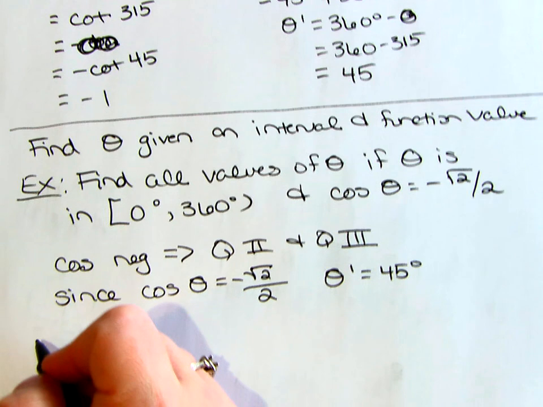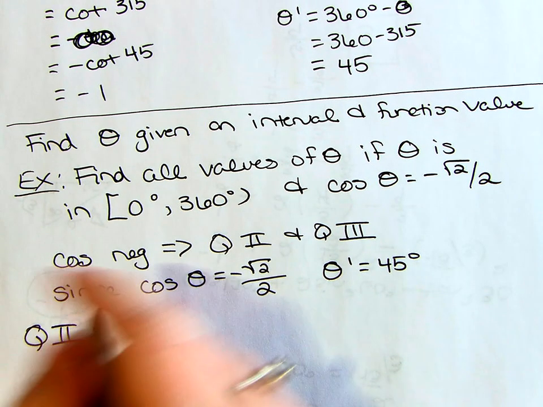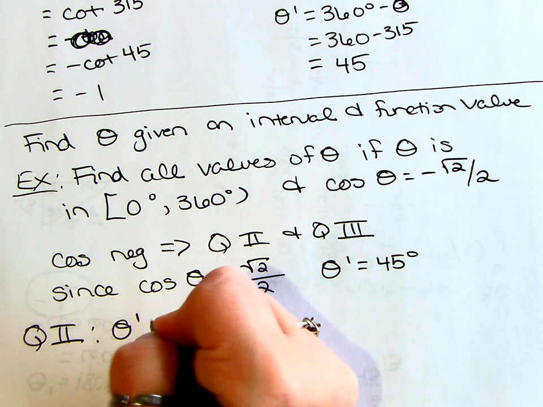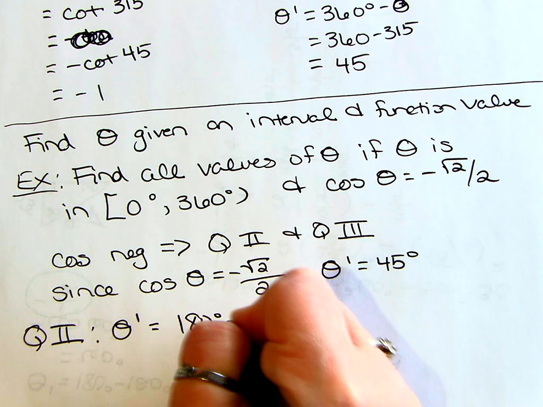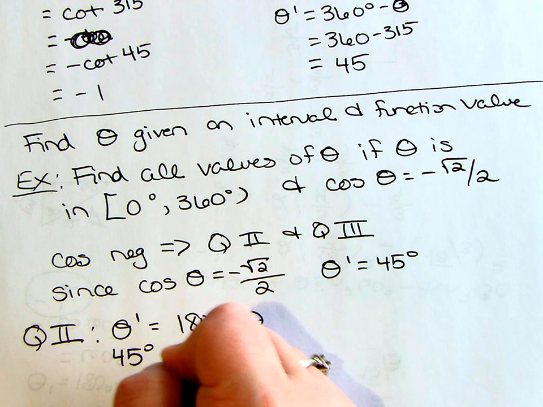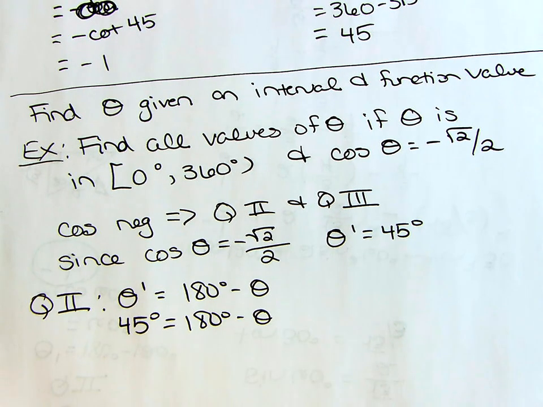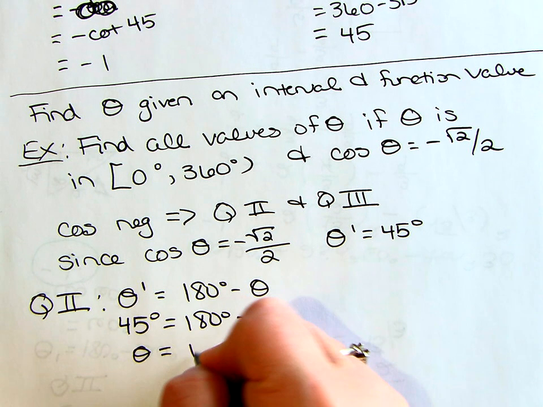When we lie in quad 2, our reference angle equals 180 degrees minus theta. Well, we said our reference angle was 45 degrees. So we're doing the algebra to figure out that theta is 135 degrees if it lives in quad 2.